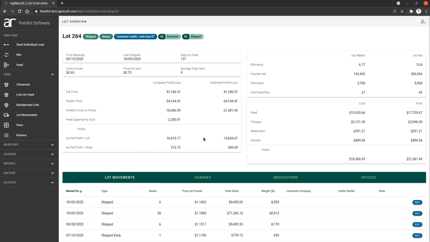The bottom left is a cost summary. We have company and customer profit and loss. The company profit and loss lines up with the cost per pound of gain, and the customer profit and loss lines up with the price per pound of gain. So this is basically showing your margins, whether you are owning these cattle or custom feeding.